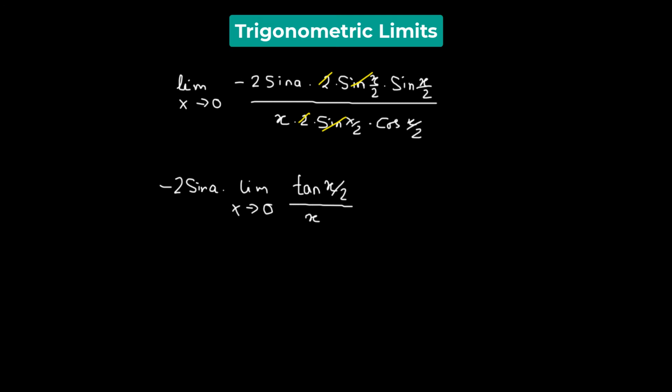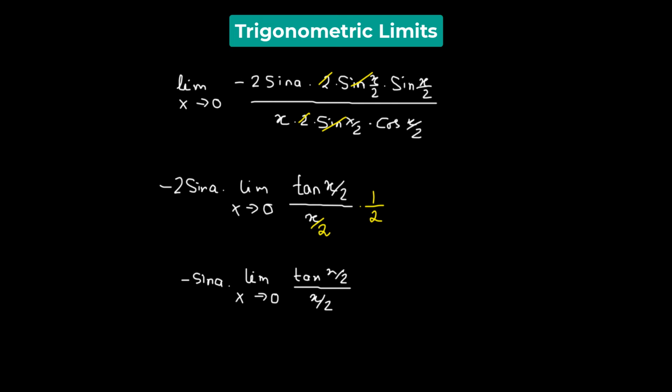Now what we need is an x over 2 in the denominator, so we divide x by 2, that means we'll have to multiply by half. So we can take the half to the front, so negative 2 multiplied by half gives us negative 1. So we're left with negative sine a times limit x tending to 0 of tangent of x over 2 divided by x over 2.